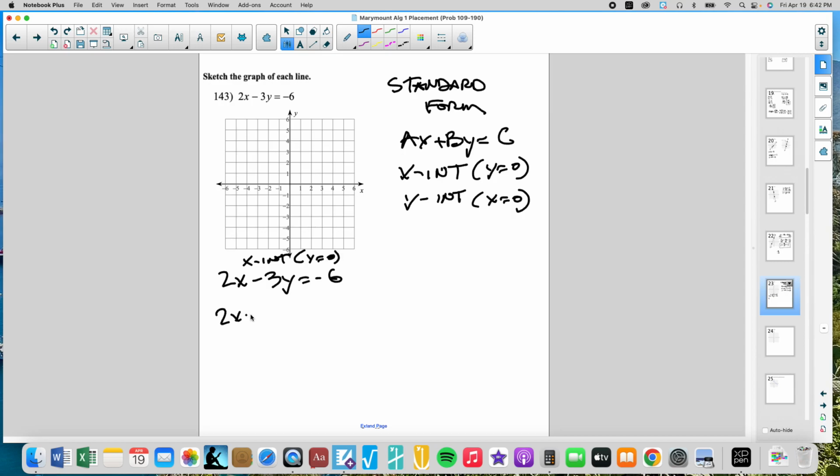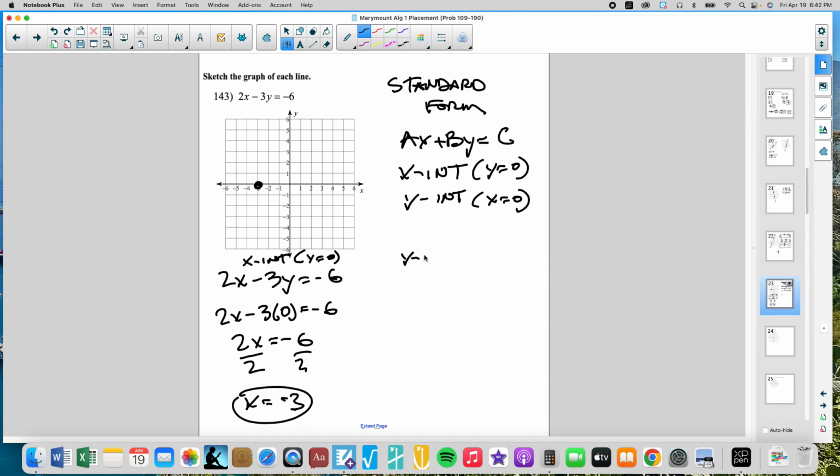So you get 2x minus 3 times 0 equals negative 6, or 2x equals negative 6. I call it the cover-up method because I just cover up one side and solve, cover up the other side and solve. But we'll show all the work for right now. Negative 3, so that's an x-intercept on the x-axis at negative 3.